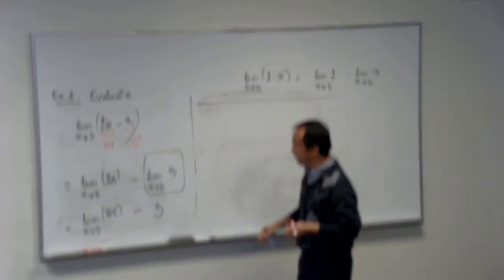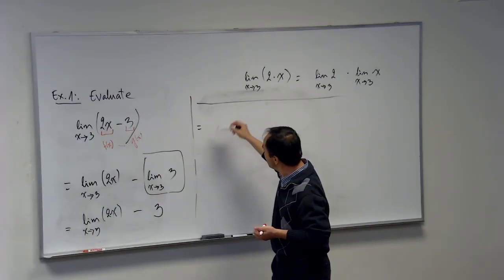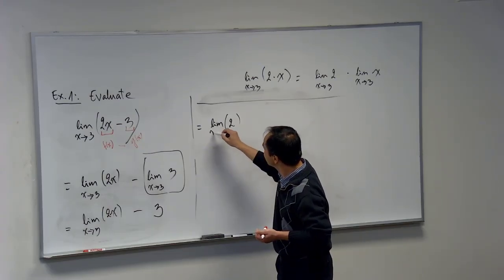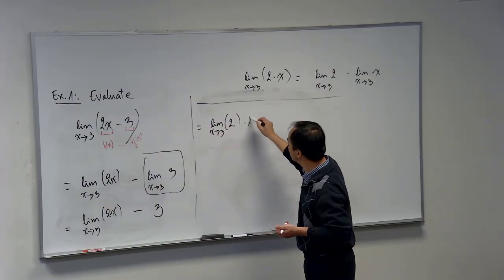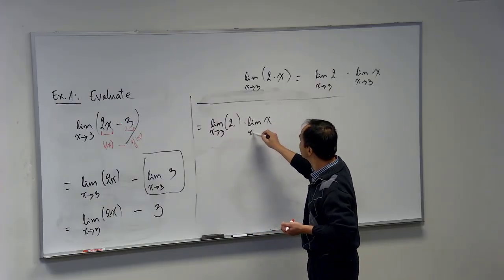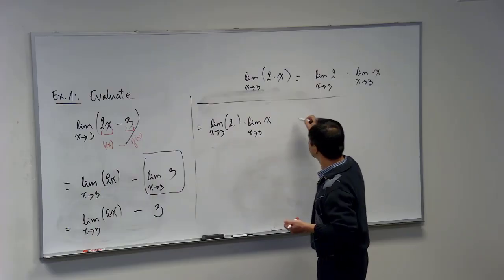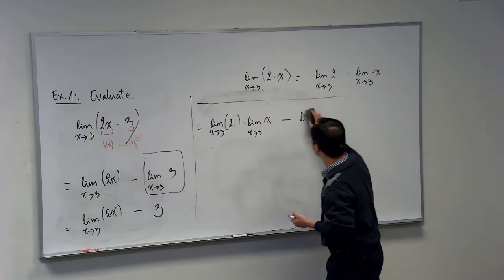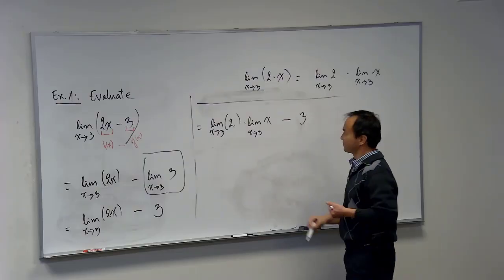Now back to the formal step. In the next step I can write the limit of 2, x getting close to 3, times the limit of x, and minus 3, because we had that law earlier.